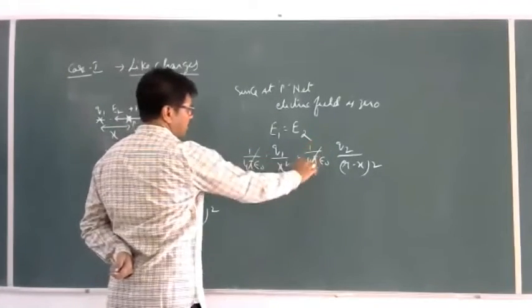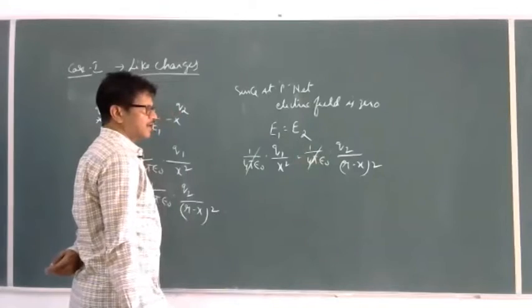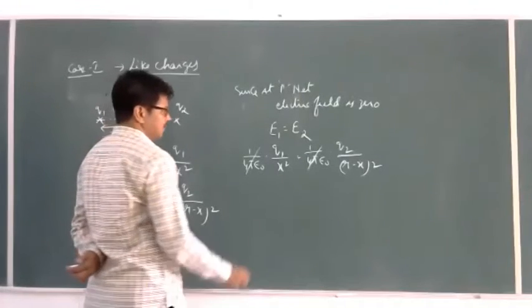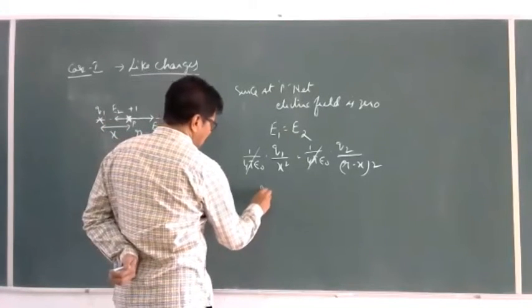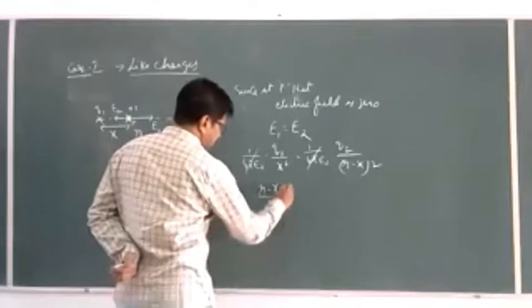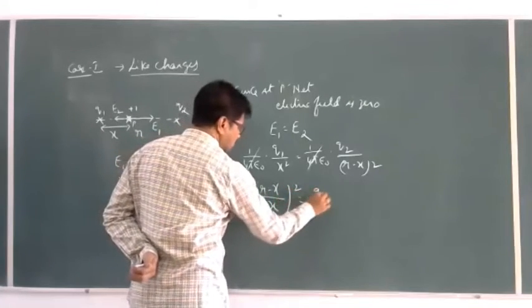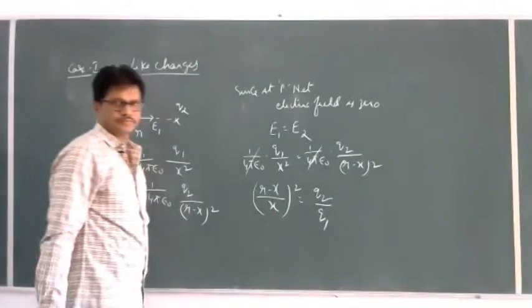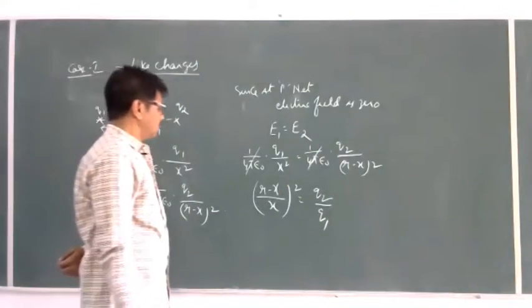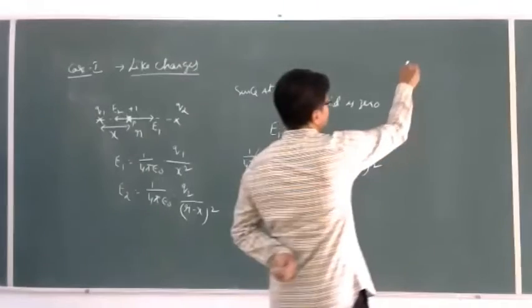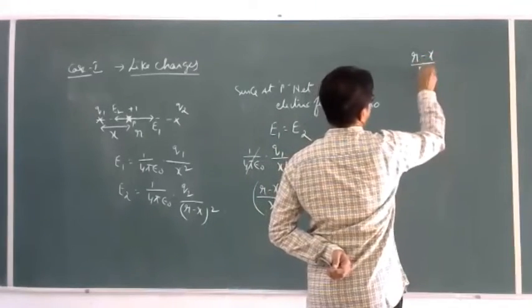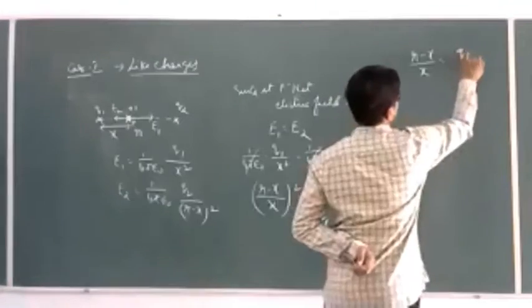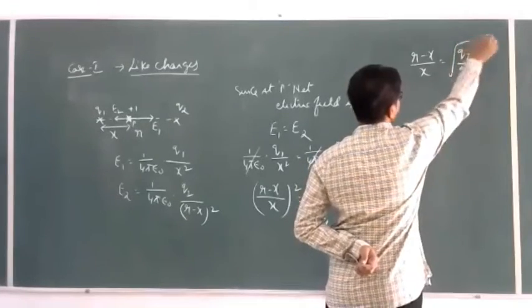1 by 4 pi epsilon naught cancels. Then ((R minus x) by x) whole square is equal to Q2 by Q1. Take the square root on both sides. (R minus x) by x is equal to square root of Q2 by Q1.